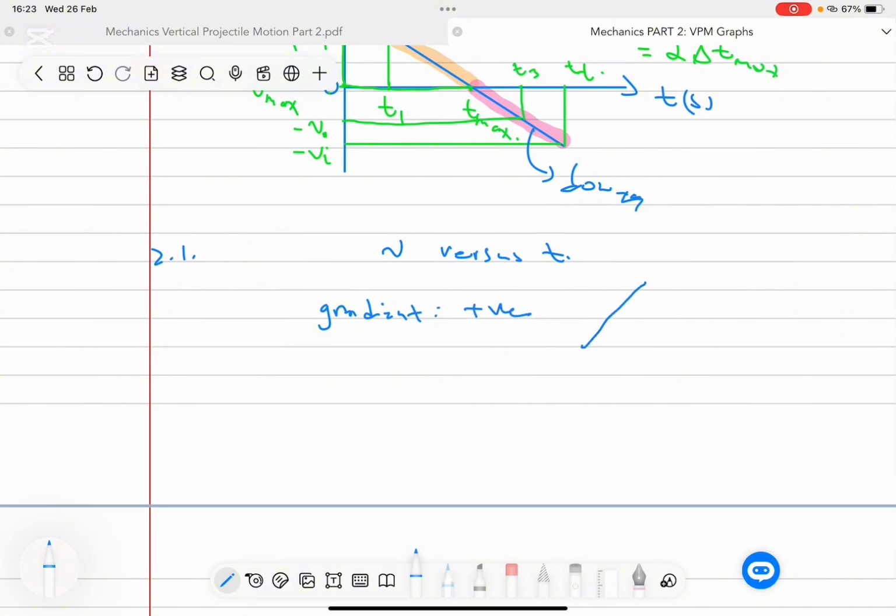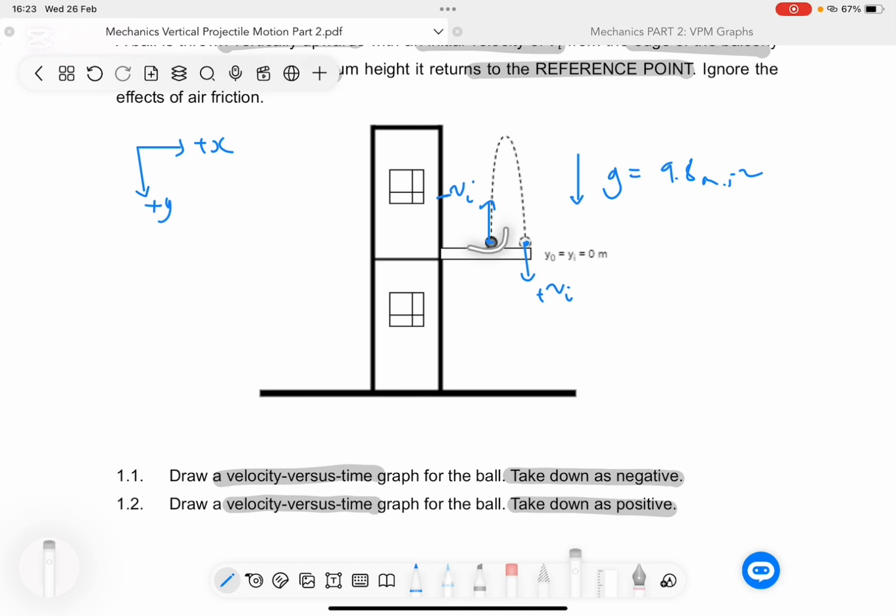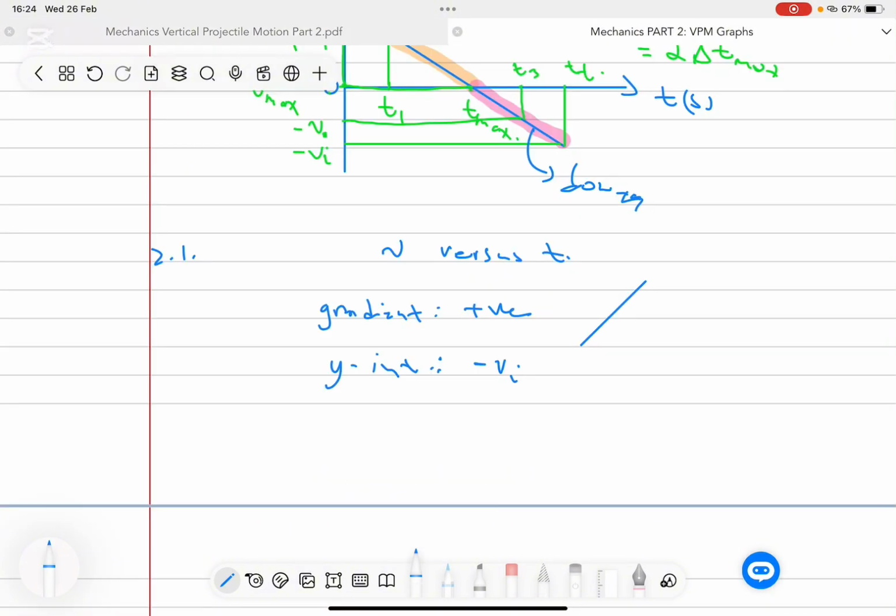We expect to have a graph that goes like that. And we're also saying that our y-intercept is actually given by a negative VI. Do you see that our initial velocity, that the ball goes with, that goes upwards, is actually negative? And we know from that equation that this is the y-intercept.